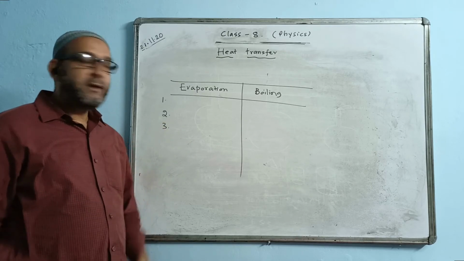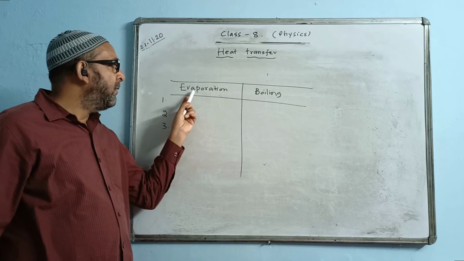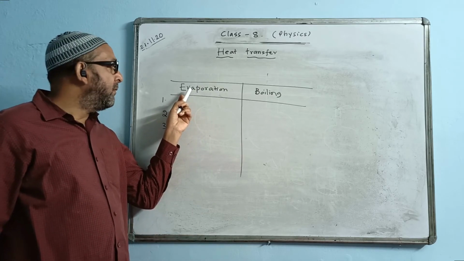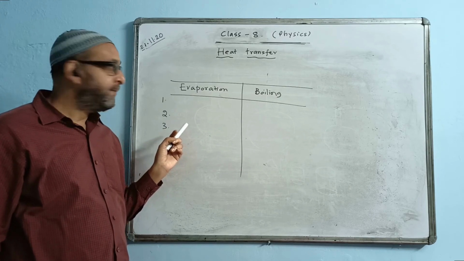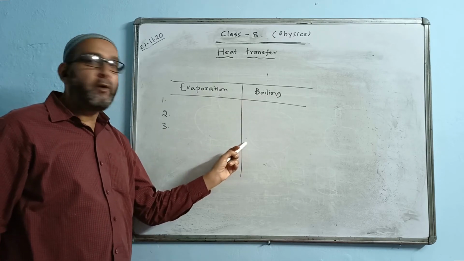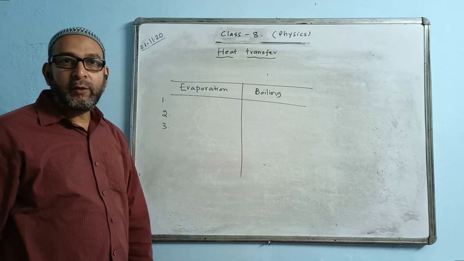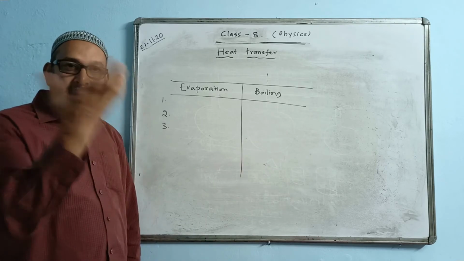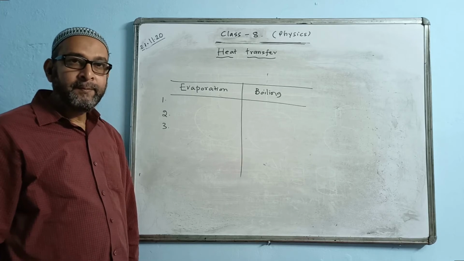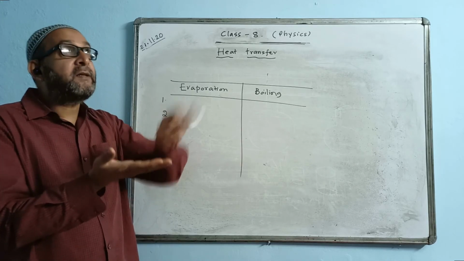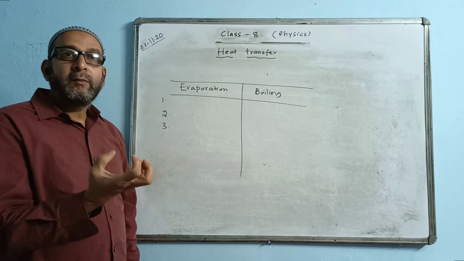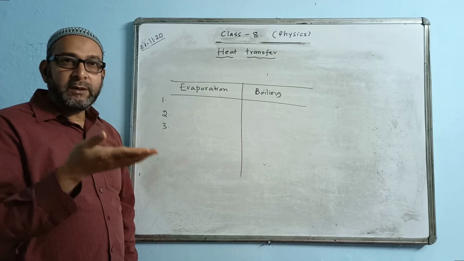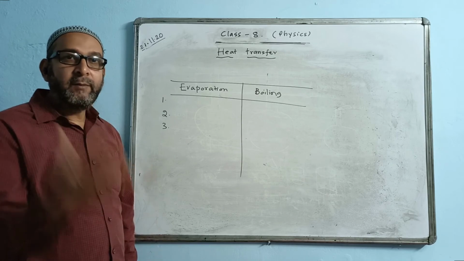Third point of difference: evaporation causes a cooling effect, and boiling does not produce any cooling effect. Whenever there is evaporation, it brings a cooling effect because the molecules from the surface get evaporated, so the liquid below the surface will be colder.